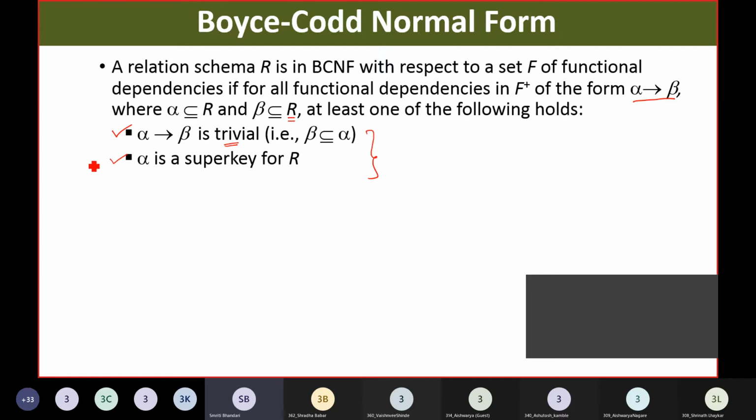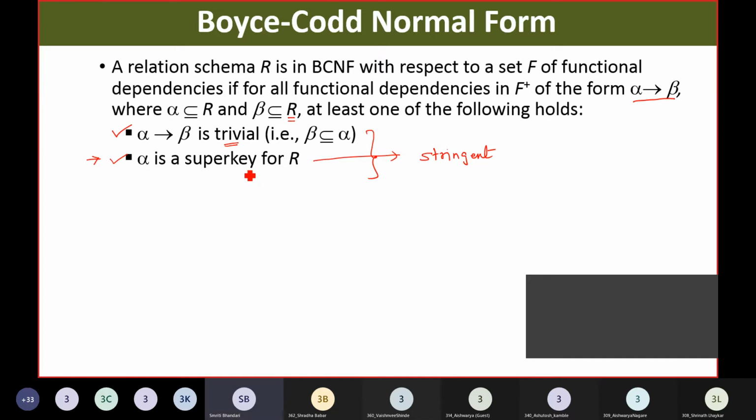So see here, if we look at this particular condition, alpha is a super key for R. This is really very stringent. So this condition makes BCNF more stringent. Why? Because if the functional dependency in F plus is not trivial, then it should always represent a super key.